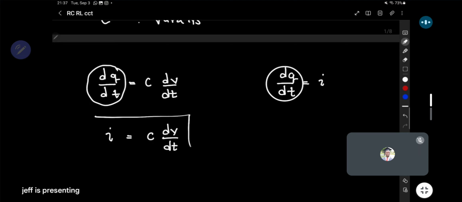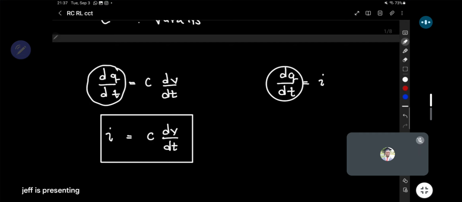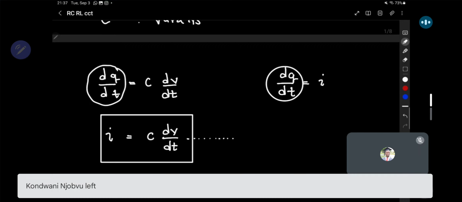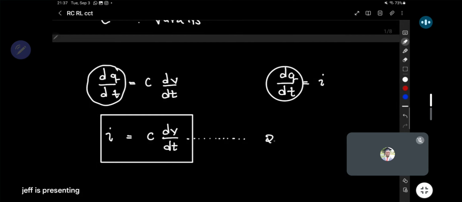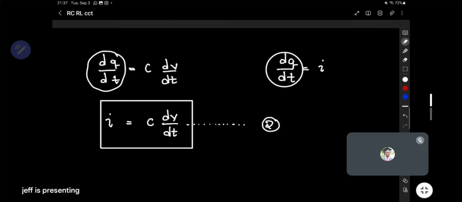So we have just seen that the current passing through that capacitor can be expressed as the product of the capacitance multiplying the change of voltage with respect to time. This becomes expression number 2 that we need to pay attention to.